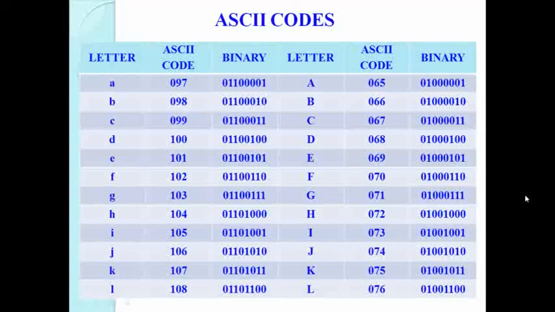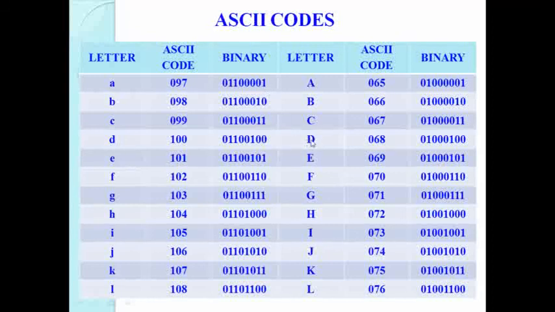Now these are some codes. In ASCII codes, we use all 26 letters, 10 digits, and all alphabets and symbols. Now the letter small a has ASCII code 097 and its equivalent binary is 011000001.